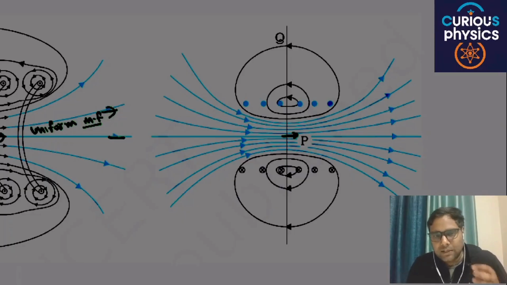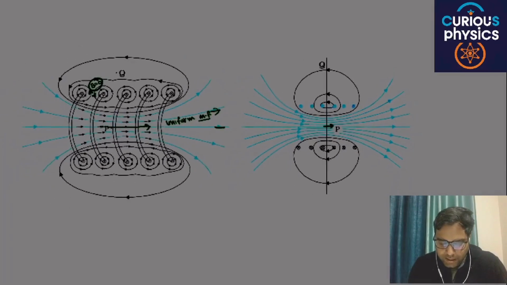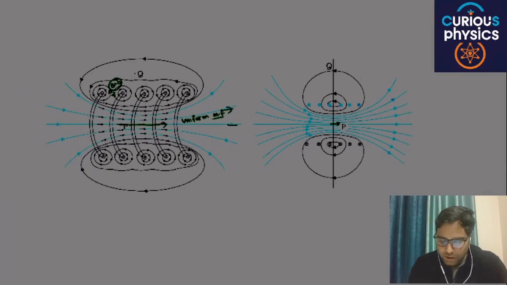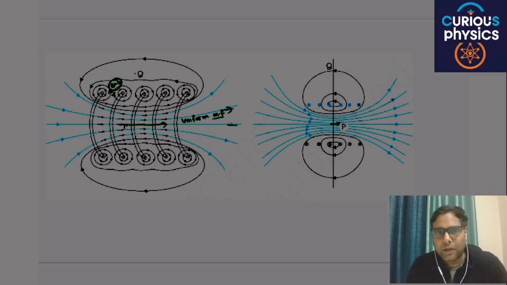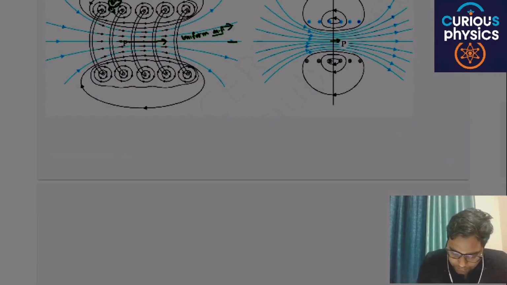Next, our aim is to find the value of that magnetic field. What do we have to do? We have to cut this solenoid along the vertical plane, and then we will get something like this.